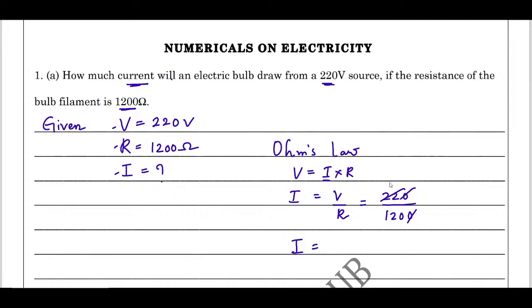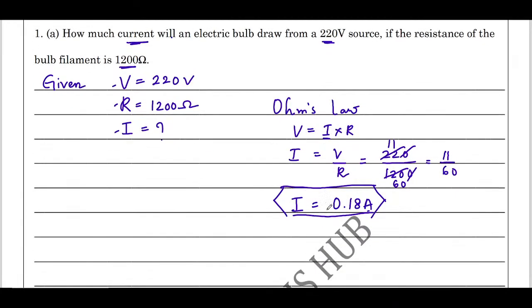Now 2 11s are 22, 2 60s are 120. What we get is 11 by 60. Now if we divide 11 by 60, we get around 0.18 ampere. Therefore the current drawn by electric bulb is 0.18 ampere. Students, writing the units is very important. So it is 0.18 amperes.